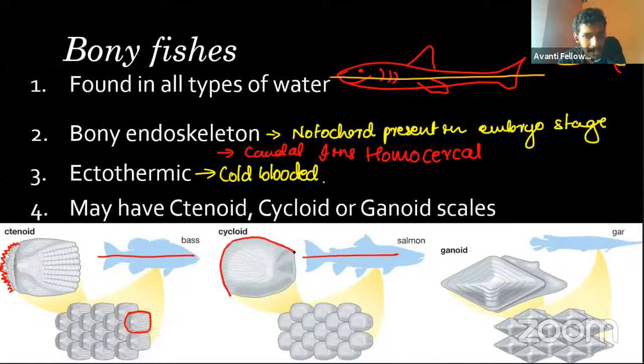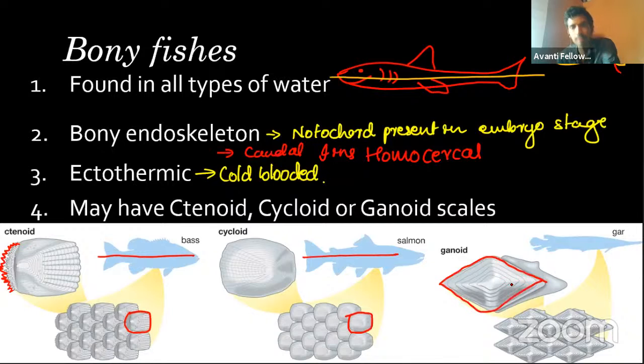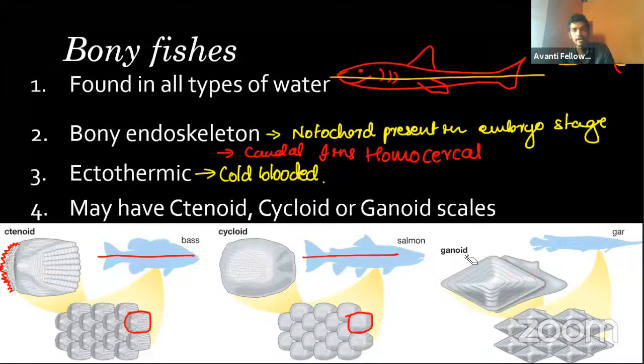These are not actually square, but a somewhat elongated structure. These are the cycloid scales. And the last one is the ganoid. Ganoid you can simply observe by its diamond-type shape. So as you can observe, this is the ganoid scales. I'm writing it here.